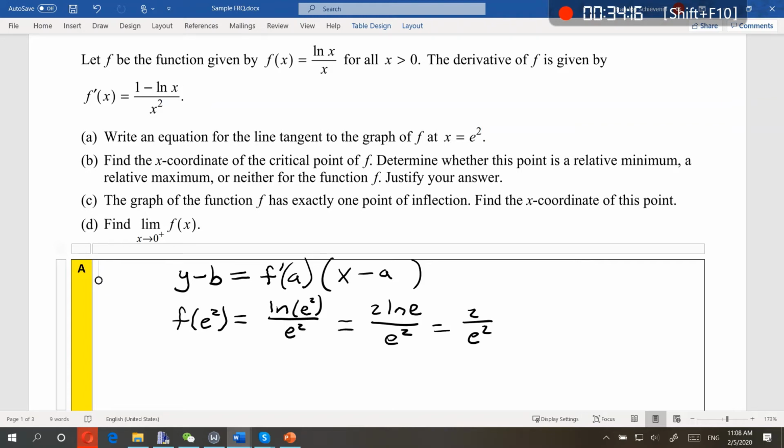And then I also need a derivative. So I'm going to jump over to Junho for that one. What happens here? 1 minus natural log of e squared, over e to the fourth power.